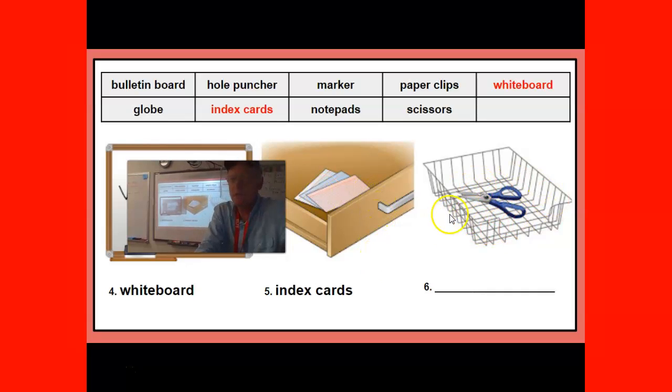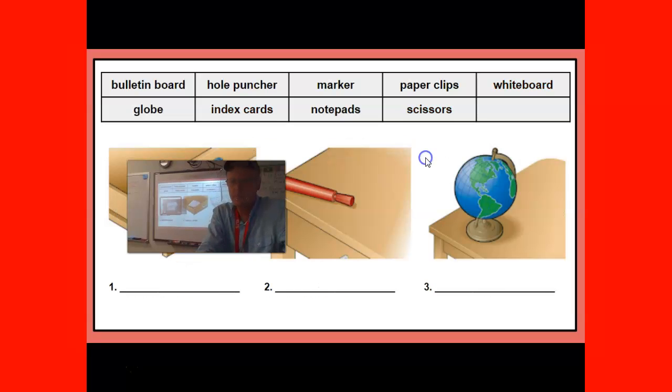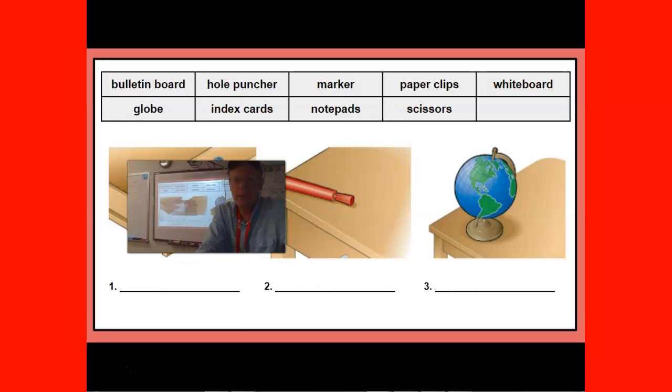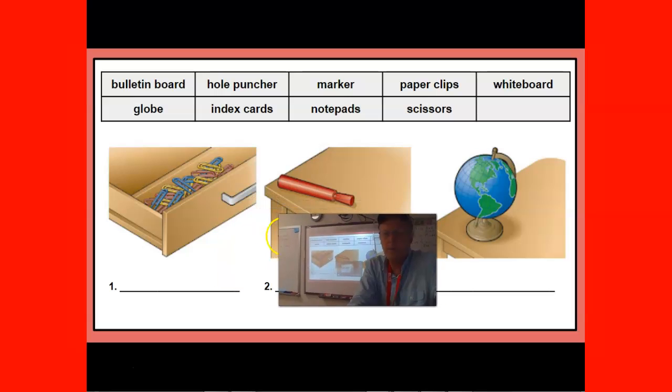What do you think this is here? Yeah, scissors. Scissors, good. All right, let's take a look at these. You remember what we call these? Good. Paper clips. Is that singular or plural? Good.